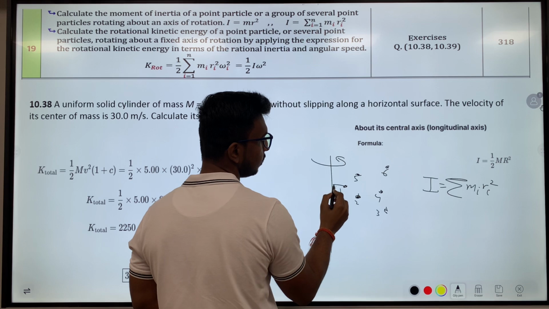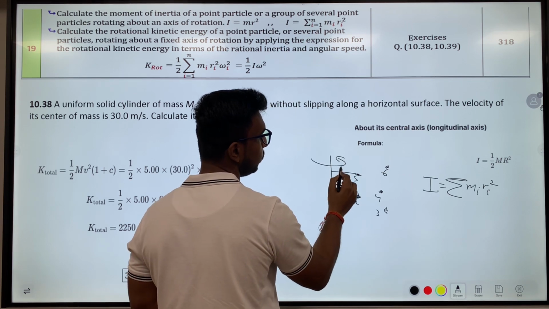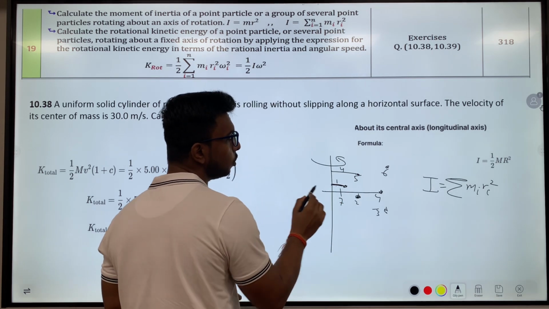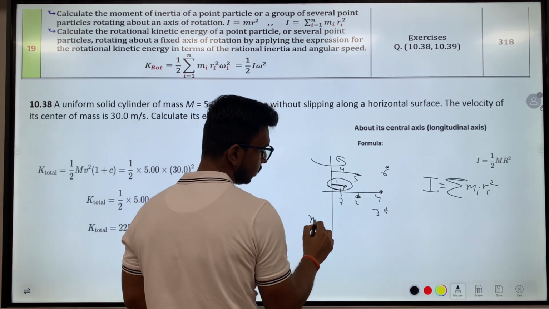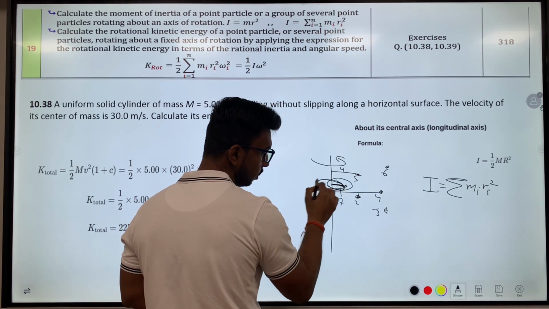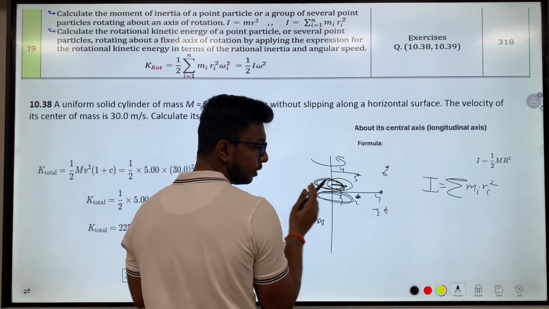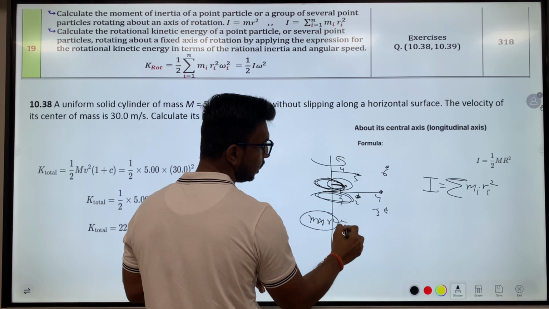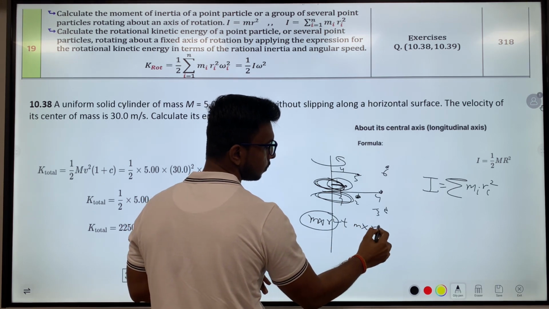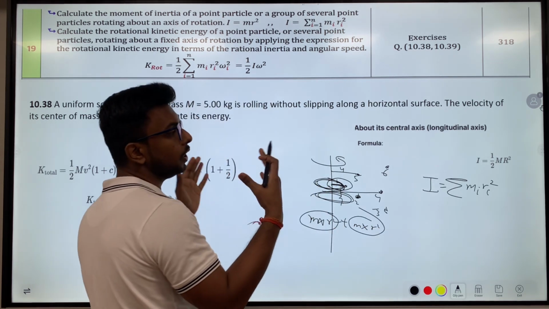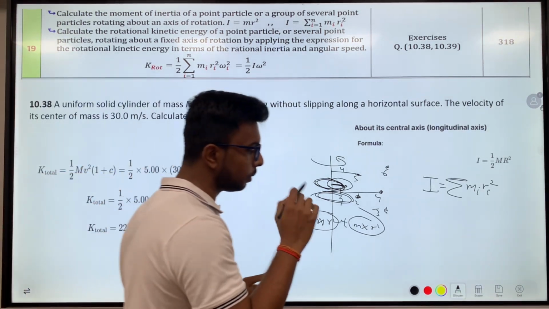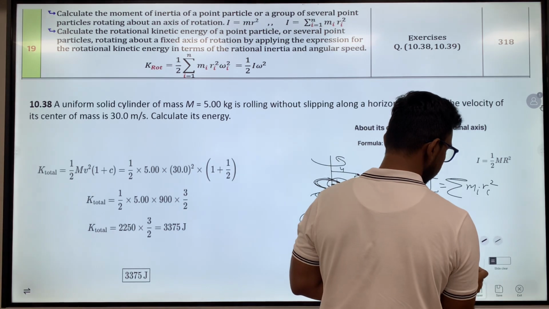Radii are different. This is 1 meter away, this is 4 meters away, this is 7 meters away. So all you have to do is mass times the perpendicular distance from the axis of rotation, square, and then keep adding them like that, and eventually you will get the total moment of inertia. That is for discrete, that means non-continuous, particles.